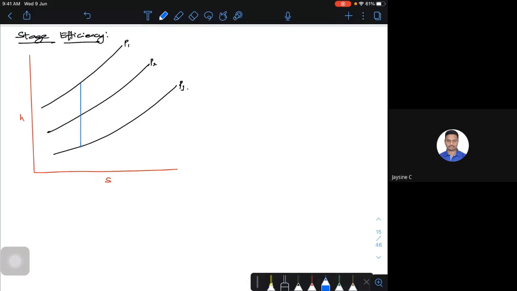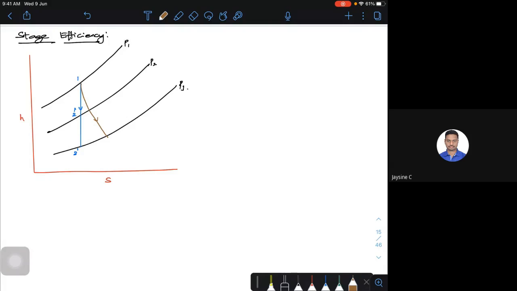This is my 1. If I call this 2 dash or 2s, this is my 3 dash. If it's an actual expansion, the actual expansion will be going like this, entropy will be increasing like this.